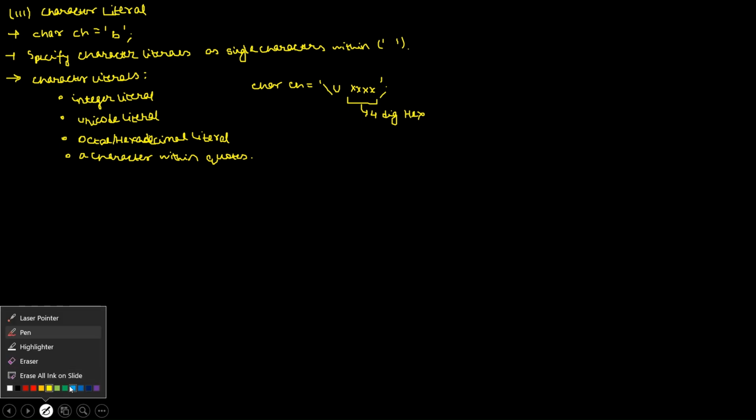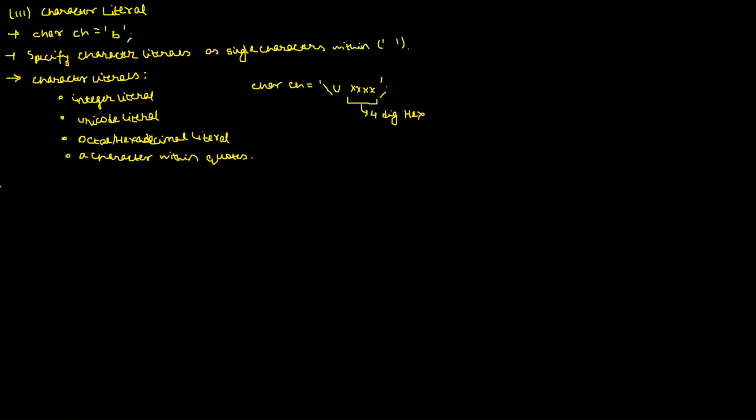Let me just quickly show you how we do that. In case of an integer literal, we already know that the range of a char data type is from 0 to 65535. So we can have any integer value assigned to a char variable unless it exceeds its range.